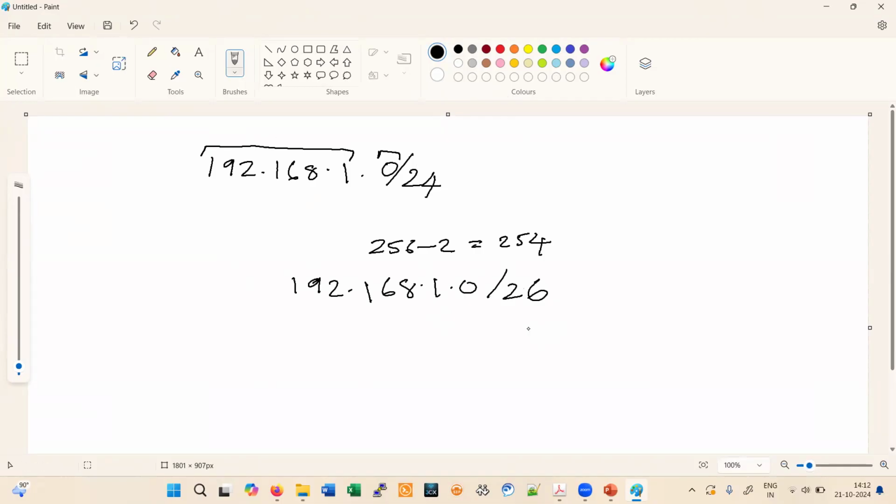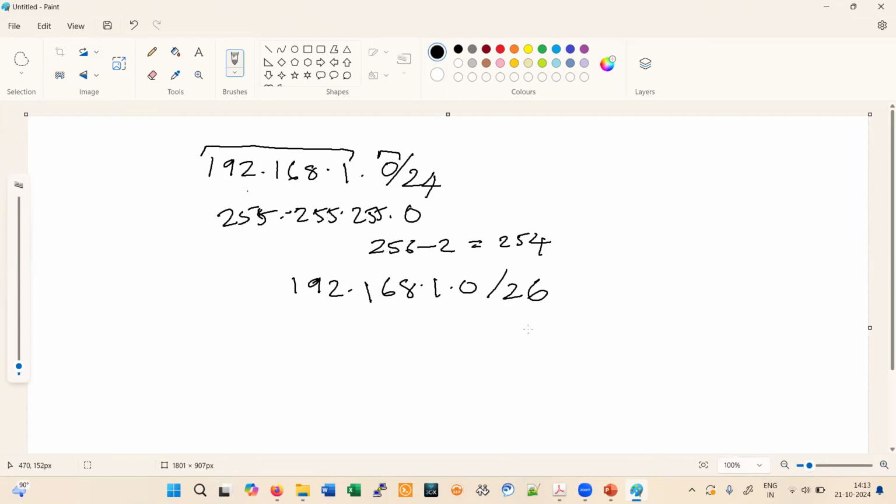Here, by default, the subnet mask is 255.255.255.0, right?